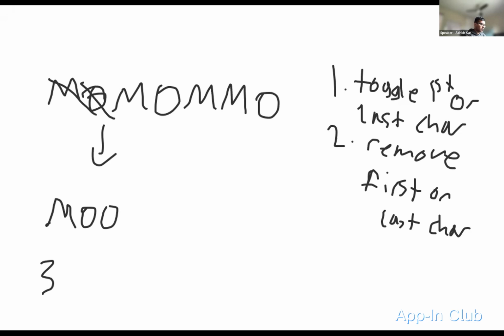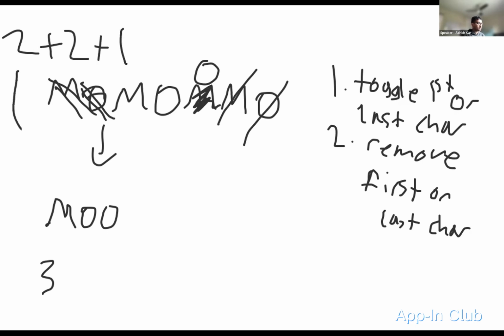After we've done 2 operations of deleting the first character, we can do 2 more operations of deleting the last character. And then we can toggle this last character over here. That's one more operation, so we can get to the desired string MOO in 5 operations.